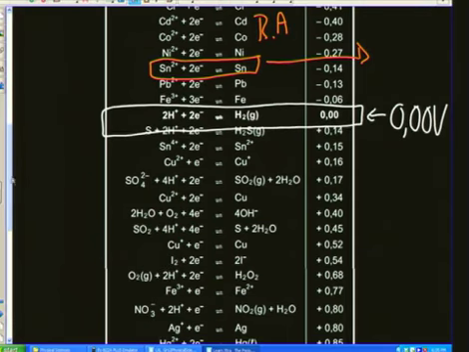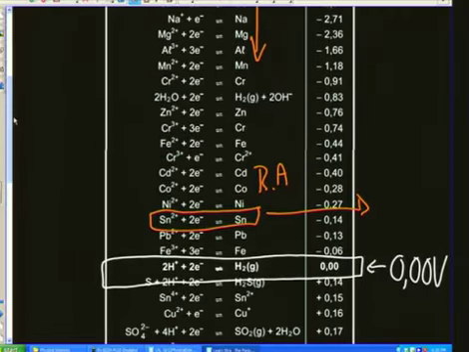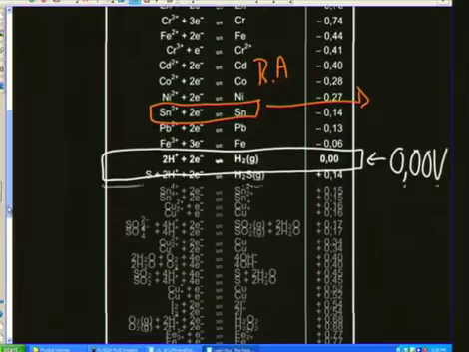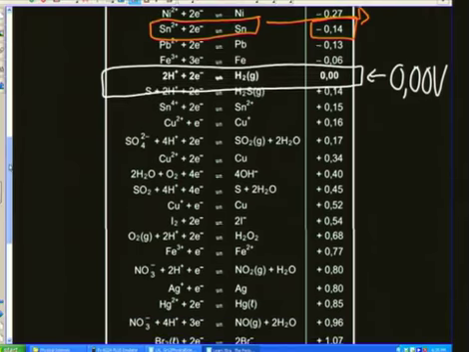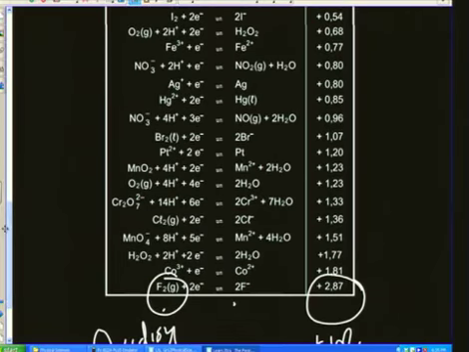Notice we haven't seen, if I move my finger down, any sign of either chloride or chlorine. There's nothing, no chloride, no chlorine. The first one that I've come to from the top is tin. And it has a number associated with it of minus 0,14.